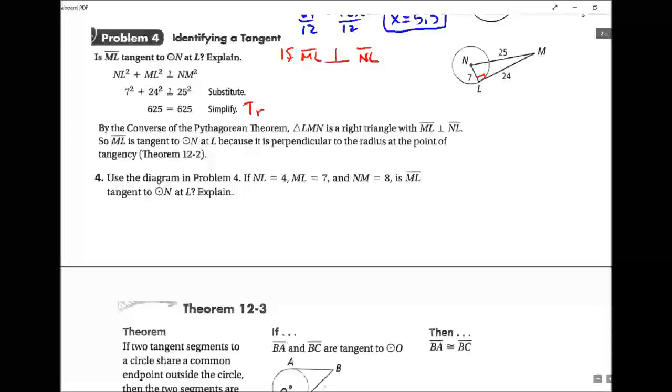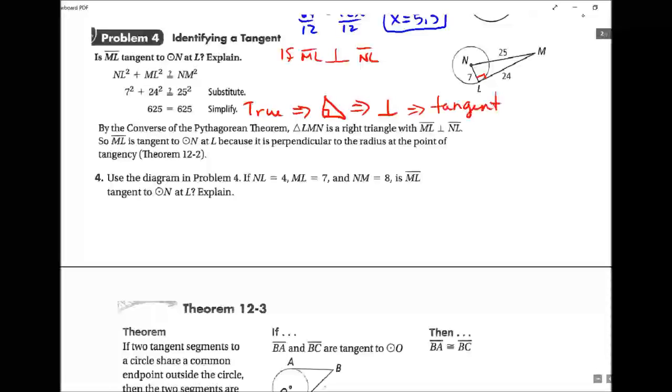This is a true statement. So therefore, we have a right triangle. Therefore, our line is tangent. We have a right triangle, so we have perpendicular, so we have tangent. Actually, we should probably go through the entire right triangle, which means they are perpendicular, which means they are tangent.